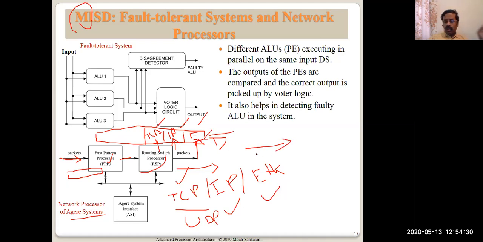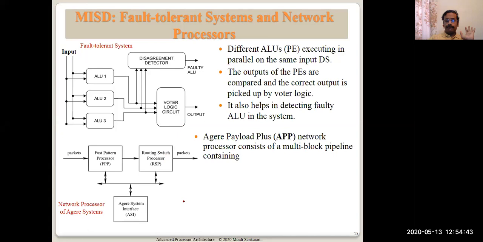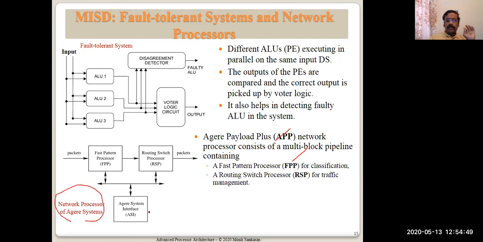It is similar to what happens in a car manufacturing assembly line. So that's all at a high level. I hope you will understand it because you know networking, which I taught you. So don't worry about remembering these names. They are Agere Systems proprietary names. This is what it is doing.